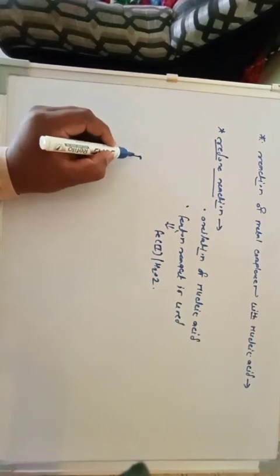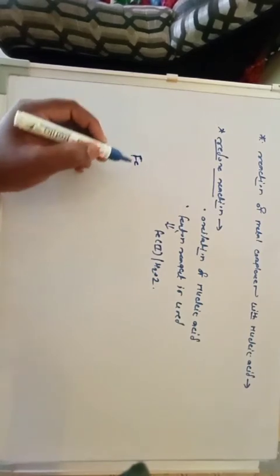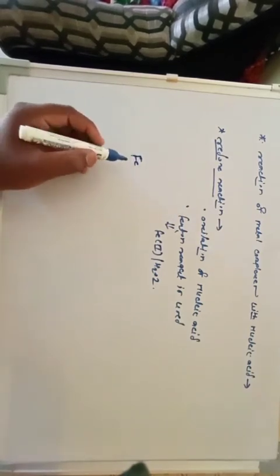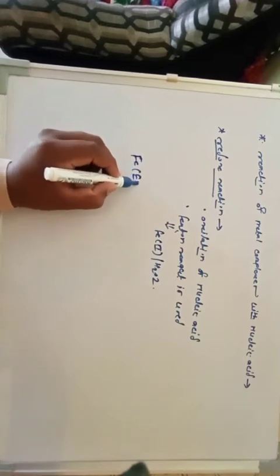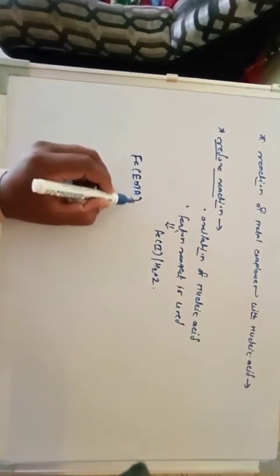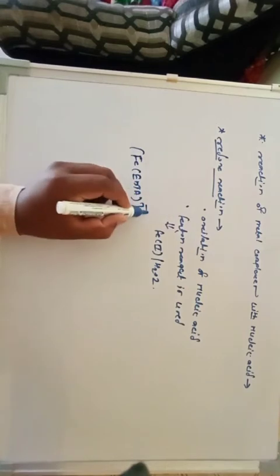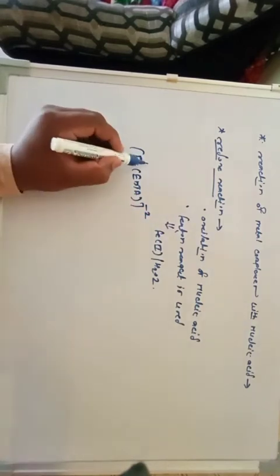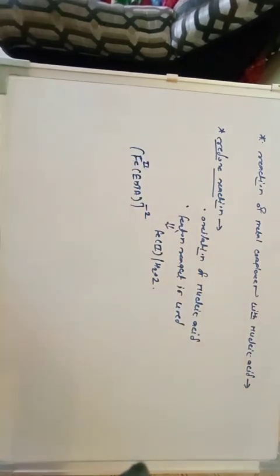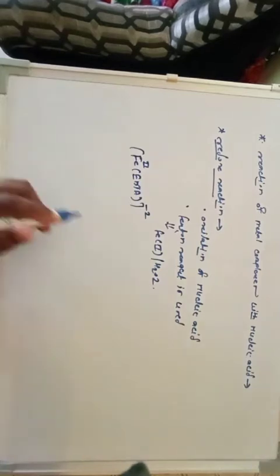Let us consider, in this case, the Fe(II) EDTA complex, ethylenediaminetetraacetic acid, having a -2 charge. If you consider this Fe, it is in the +2 oxidation state.